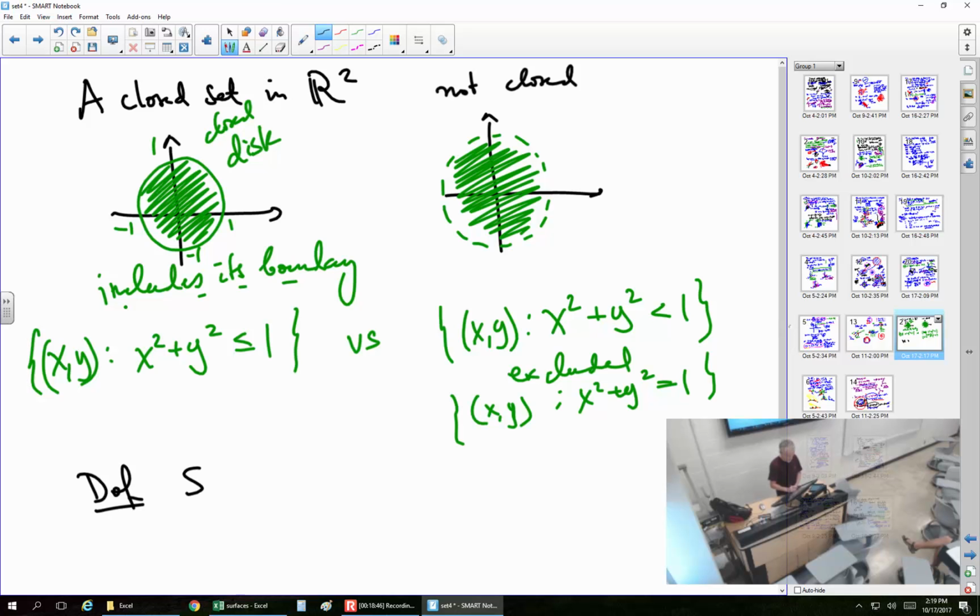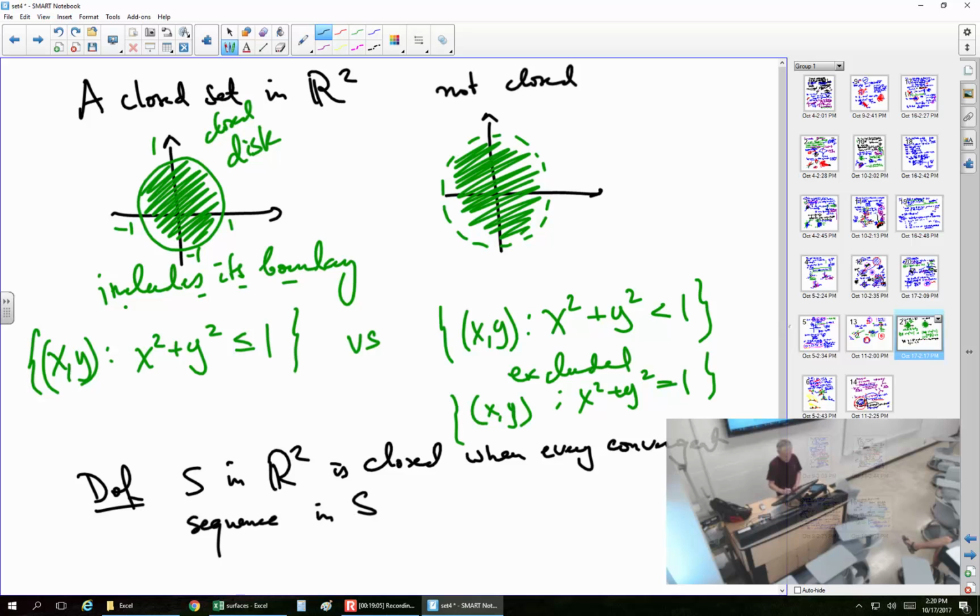So S in R2 is closed when every convergent sequence in S has its limit in S. Okay? This is why it is not going to work here.